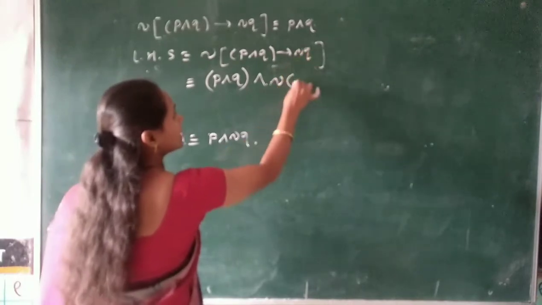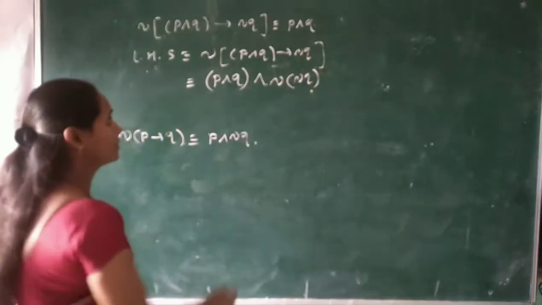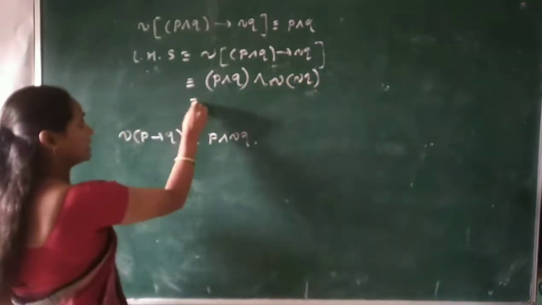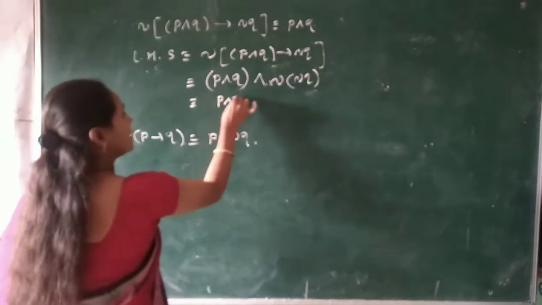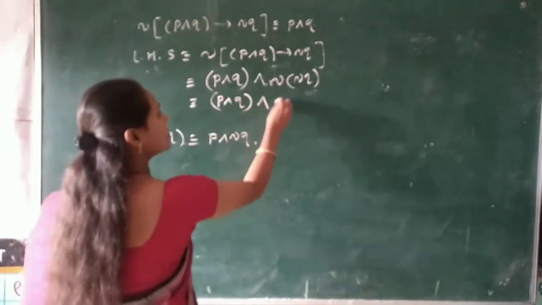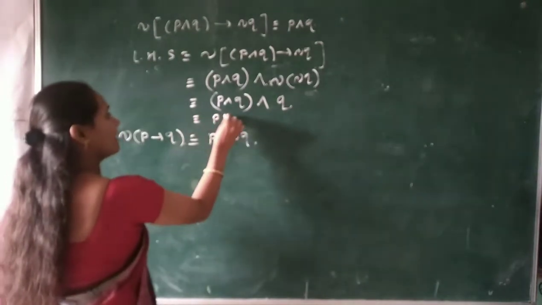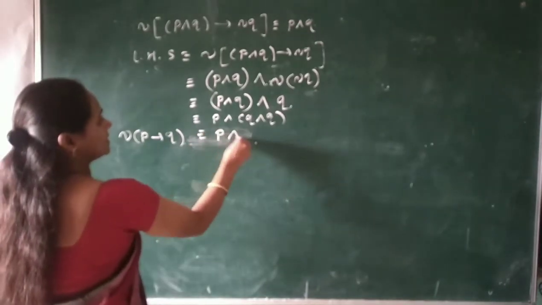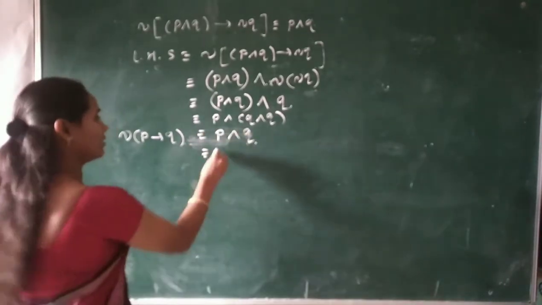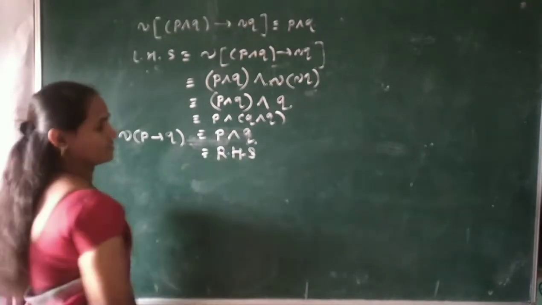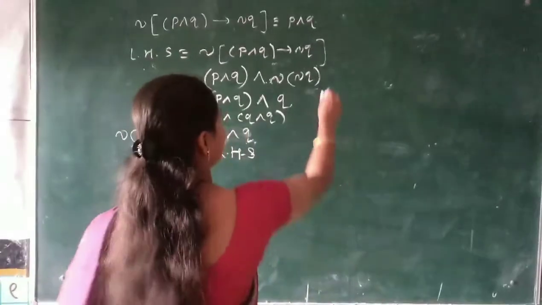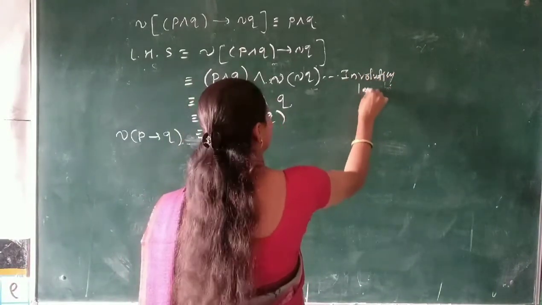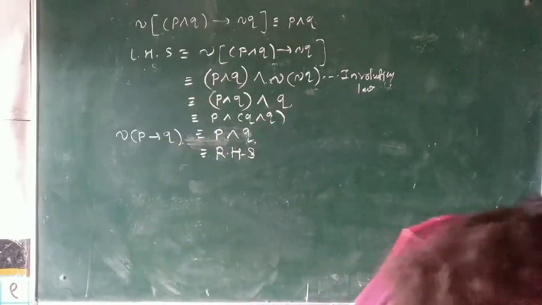The second statement is ¬Q here, so negation of ¬Q. From implication we write this. Now P and Q and negation of negation Q is Q, and P and Q and Q, that is P and Q from identity law, which is equal to RHS. Here we write involution law, and here associative law.